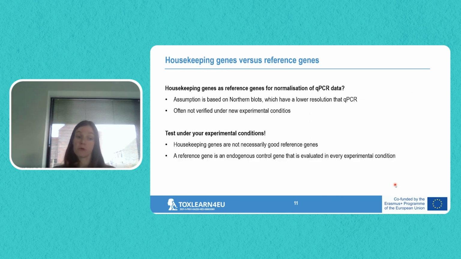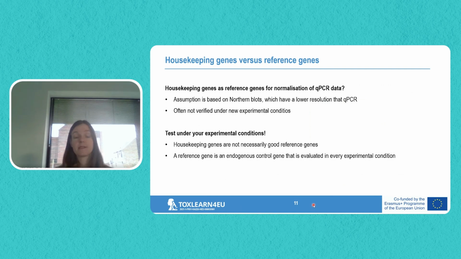So it's very important to test your reference genes under your experimental conditions, so in the experimental setup that you are using. So housekeeping genes can be good reference genes, but this is not necessarily always the case.